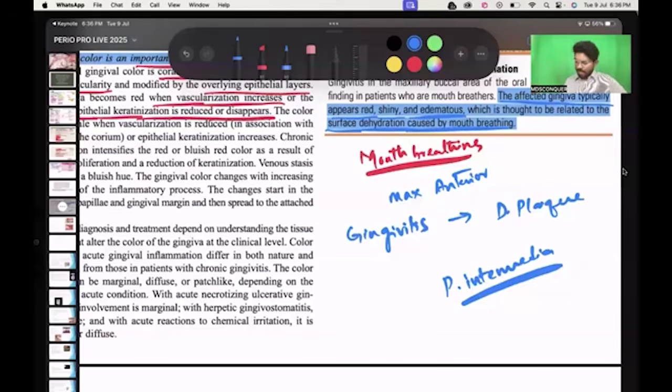P. intermedia. The answer is C. What changes occur in subgingival flora as pregnancy progresses? As pregnancy progresses, the subgingival microflora shifts to more anaerobic flora.